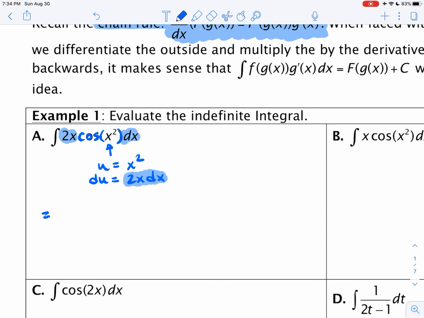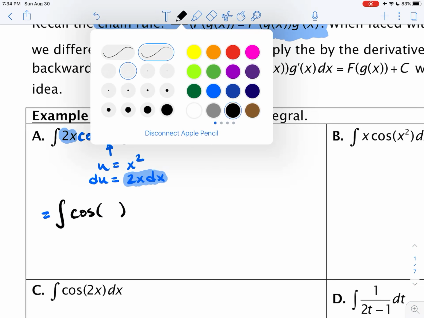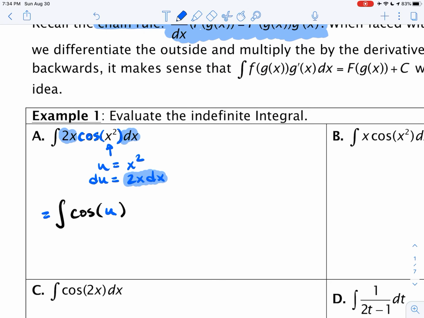So in making that substitution, I would get cosine, and I would put in u, and I would have du on the outside. And then, what function has derivative equal to cosine? Sine has derivative equal to cosine.